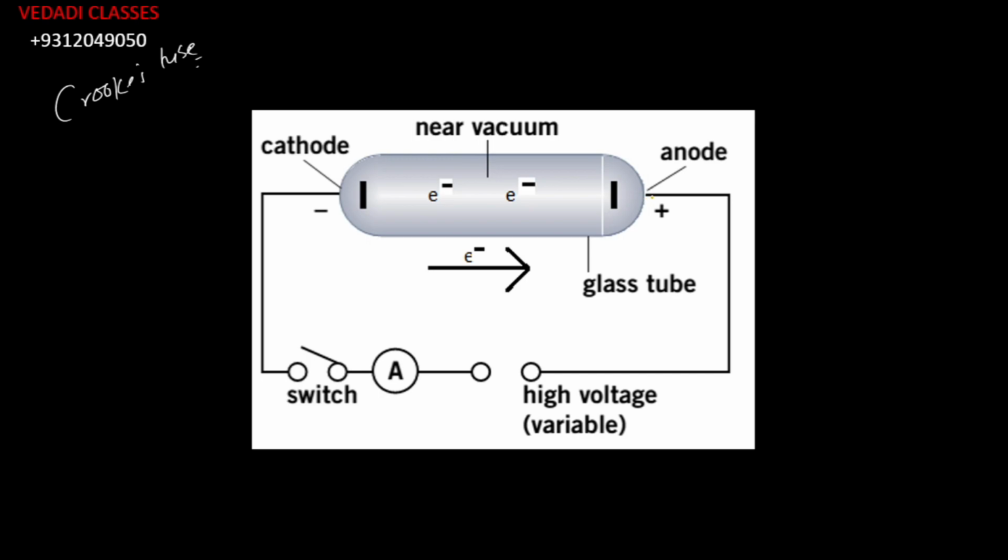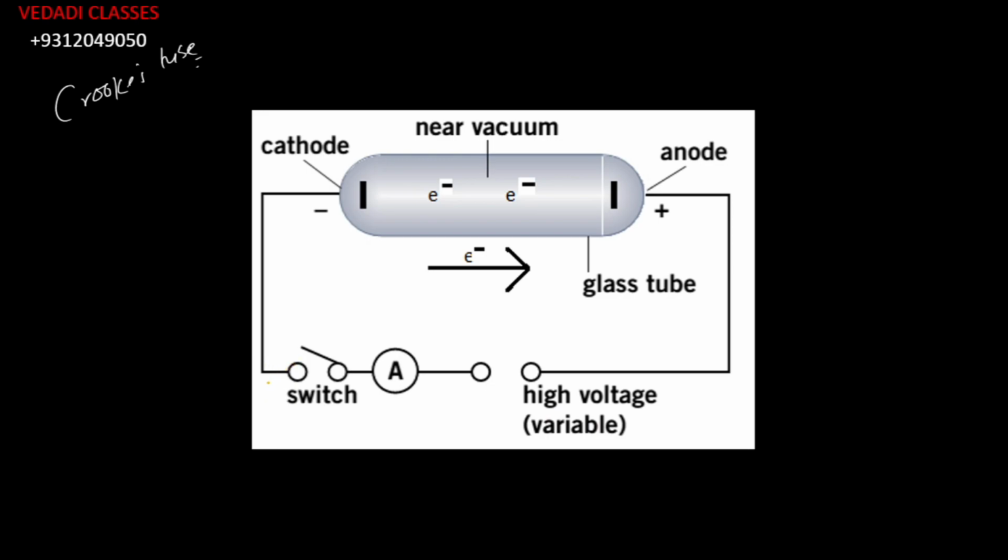One electrode is an anode, one is a cathode. As this is not fixed, we will find out if this is cathode. Then this is the high voltage current they have attached over here, and these are the switches.